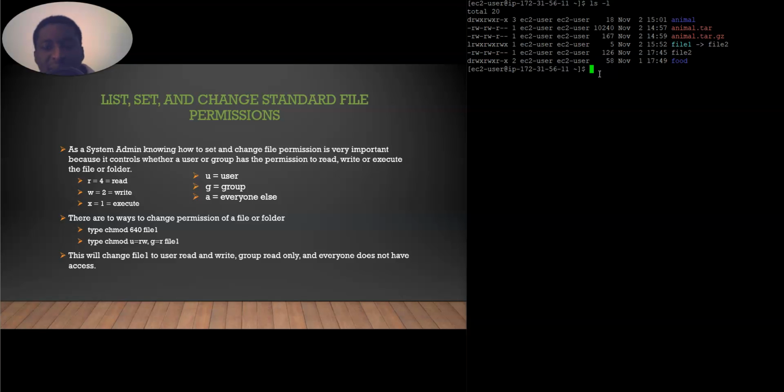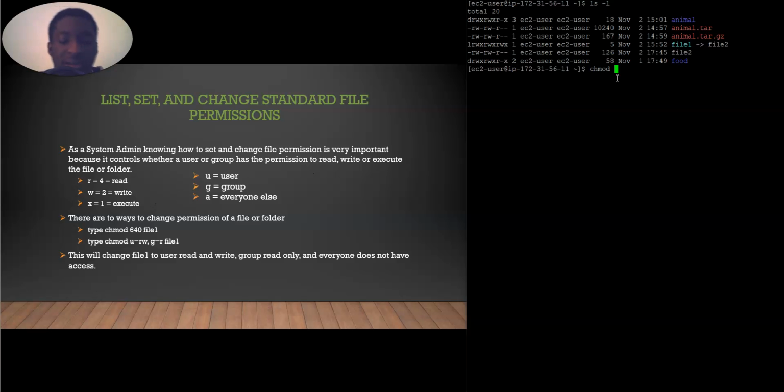To change the permission of a file, we're going to use the command chmod. You can use numbers. Read is 4, write is 2, 1 is execute.